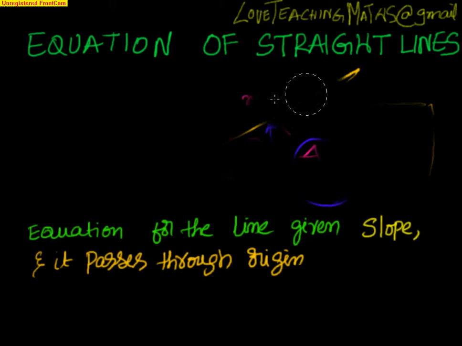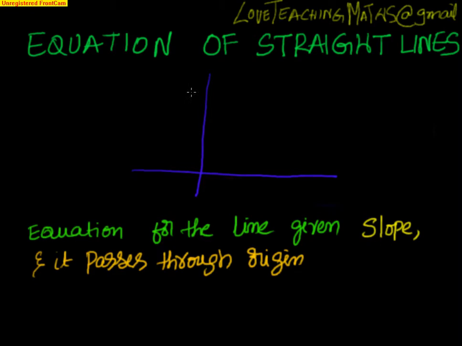Okay, now let's see the equation for the first one. So this is my coordinate system, this is my x-axis, and this is the y-axis, both of them in positive direction. Now I have to find out the equation of a line which passes through origin. That means this is origin, so I have to find out a line which passes through origin, and it's having a slope of m.